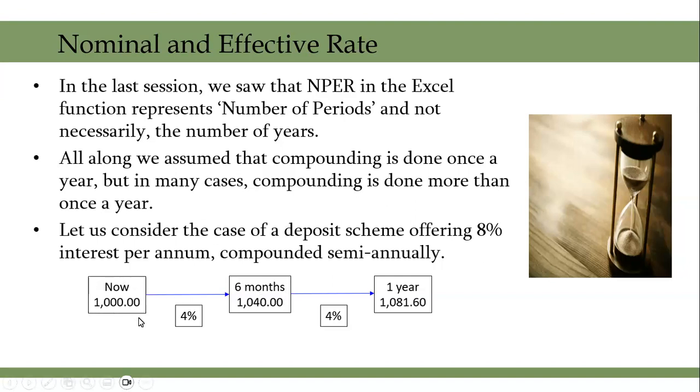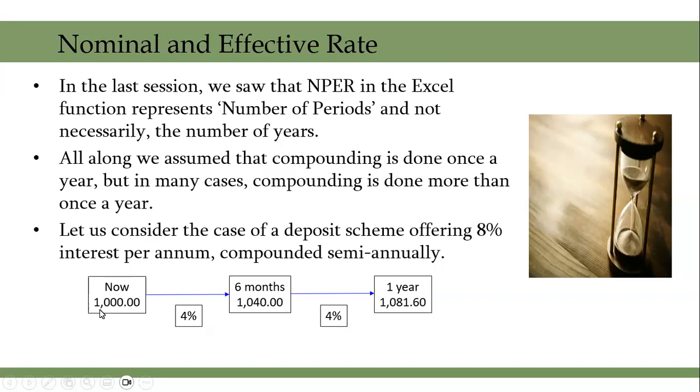Assume that I have invested 1,000 rupees today. At the end of 6 months from now, I will get 4% interest on that, and the value of my deposit will become 1,040. Now, for the second 6 months period, this is more interesting. I'm not going to get 4% interest on my original investment of 1,000 alone.